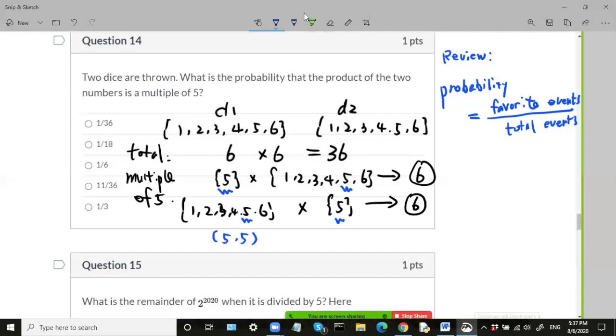This pair of numbers we counted twice. So the total number of favorable events is 6 plus 6 minus 1, which is 11. So the probability equals 11 over 36, which is D.